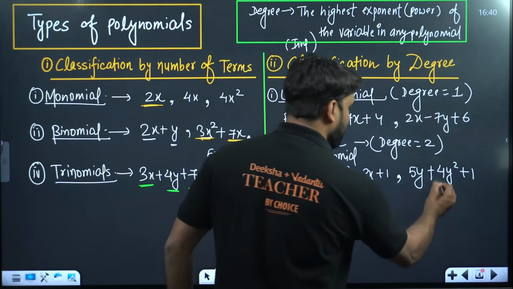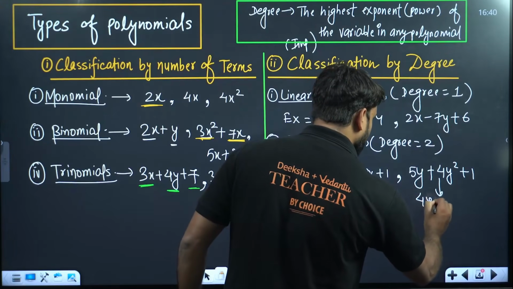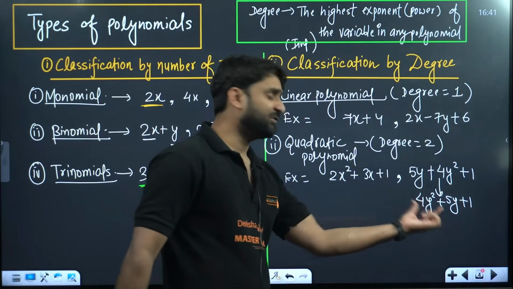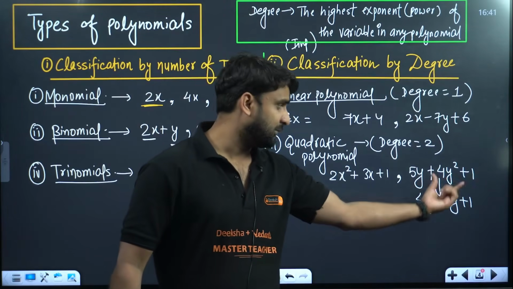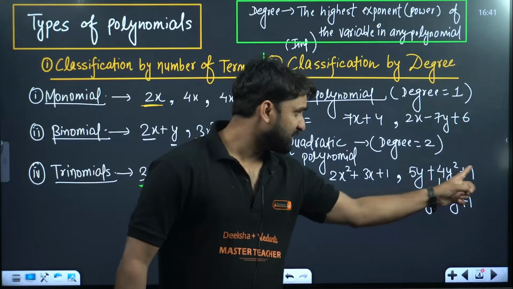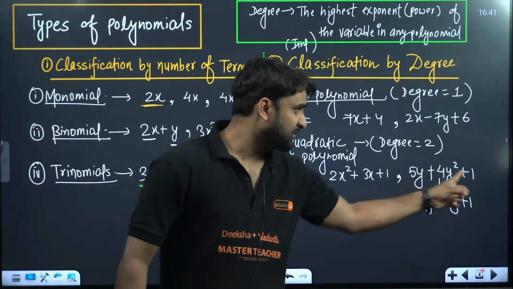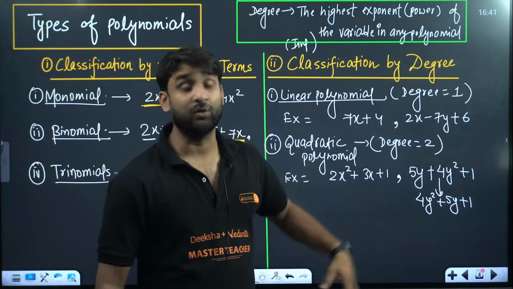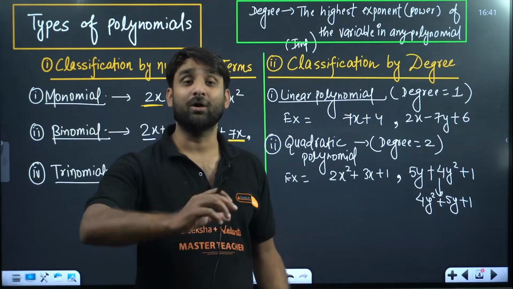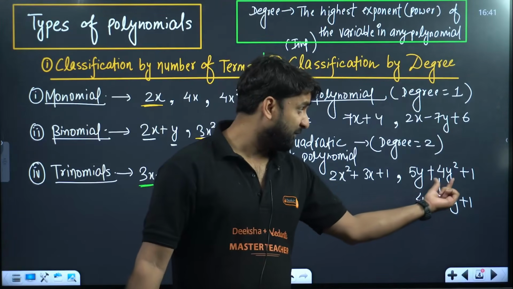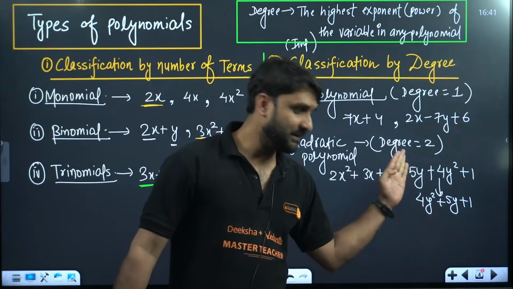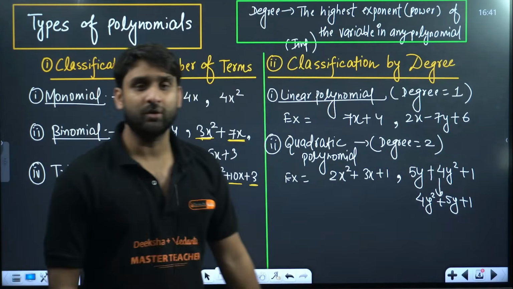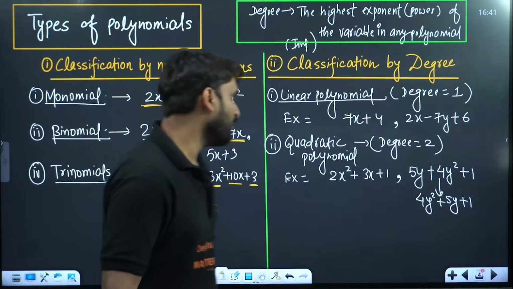So if we write in standard form, this will be the standard format. The highest power term always comes first. So this is not in a systematic manner, and we always make sure to write in a systematic manner. And what is the systematic order? The systematic order says give the first position to the highest power, then one less, then the pure constant comes. Okay, so 4y square, and this is a quadratic polynomial.